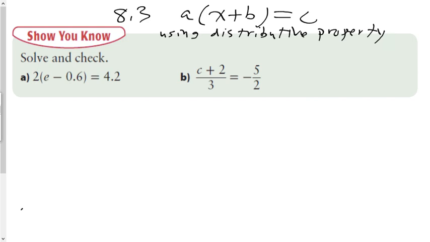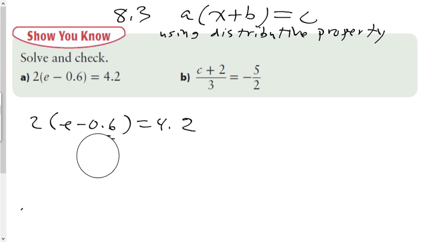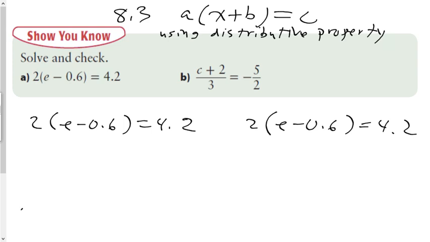There we go. The first question says 2 multiplied by e minus 0.6 equals 4.2. The only difference between the one I just gave you and this one is our inside polynomial has a decimal for a constant as opposed to a whole number, right? But we could still solve it two different ways, and I'm going to show you both ways. So 2 bracket e minus 0.6 equals 4.2. Obviously, the first way is to expand.